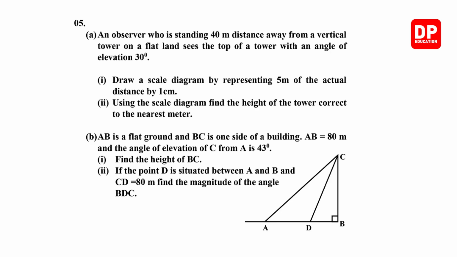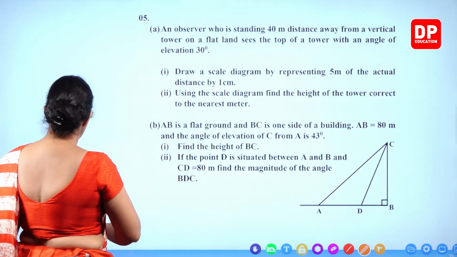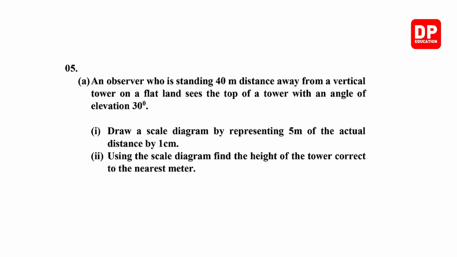Let's do question number 5. An observer who is standing 40 meters distance away from a vertical tower on flat land sees the top of the tower with an angle of elevation 30 degrees. Draw a scale diagram by representing 5 meters of the actual distance by 1 centimeter. First, we'll draw a sketch.